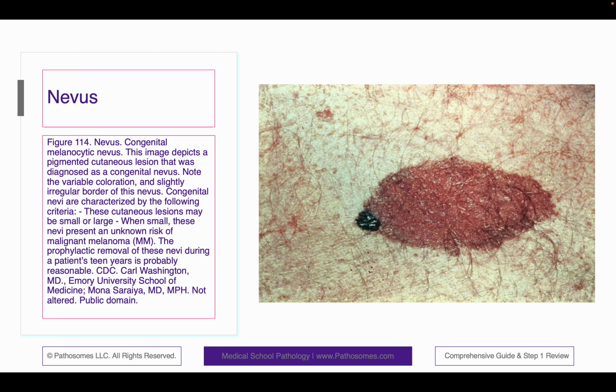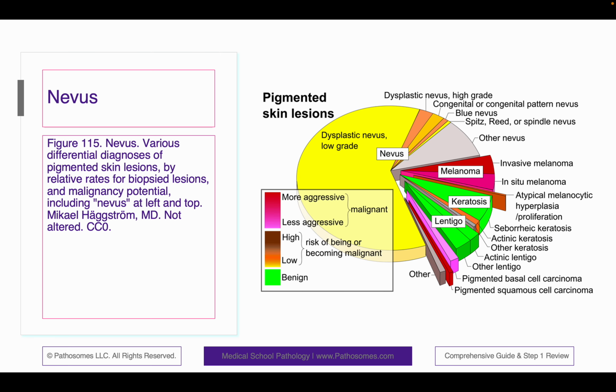And here we have a picture of a congenital melanocytic nevus, and a pie chart showcasing the relative breakdown of pigmented skin lesions. As you can see, it also lets you know what's benign to more aggressive in the malignant category. This is a good image to have.